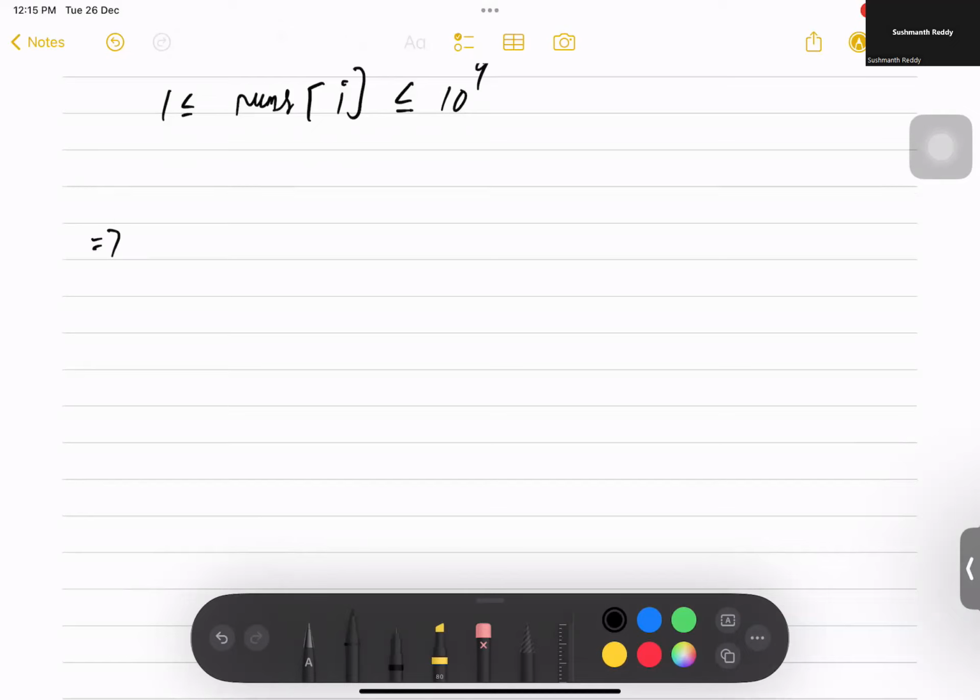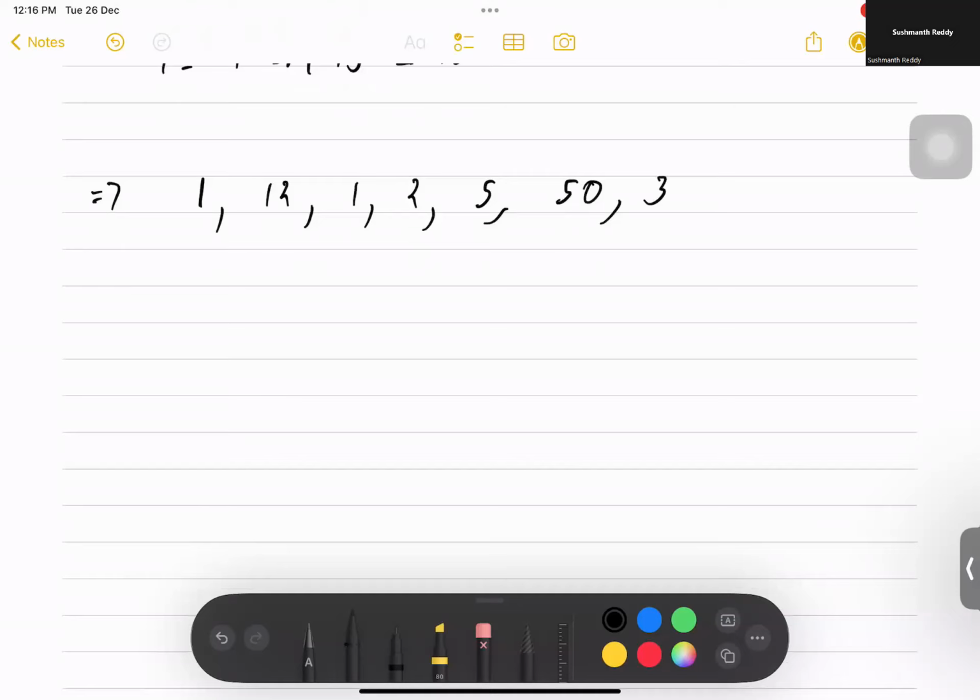To solve this, let's take an example, which will make it clear. The order in which we pick the lines doesn't matter. The only thing that matters is which lines are picked in the set.